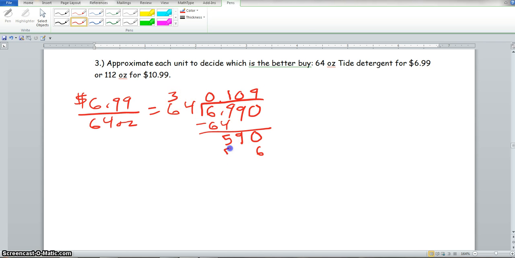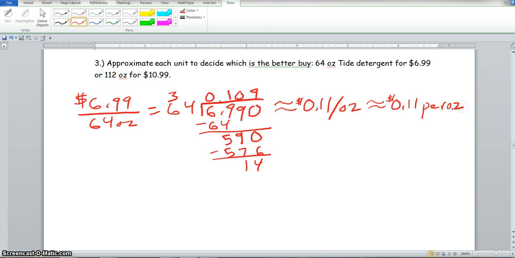Plus 3 is 57. 590 minus 576 is 14. So this is approximately 11 cents per ounce. Or we could write it as 11 cents and the word per ounce. Still write it as an abbreviation, so it's per ounce.